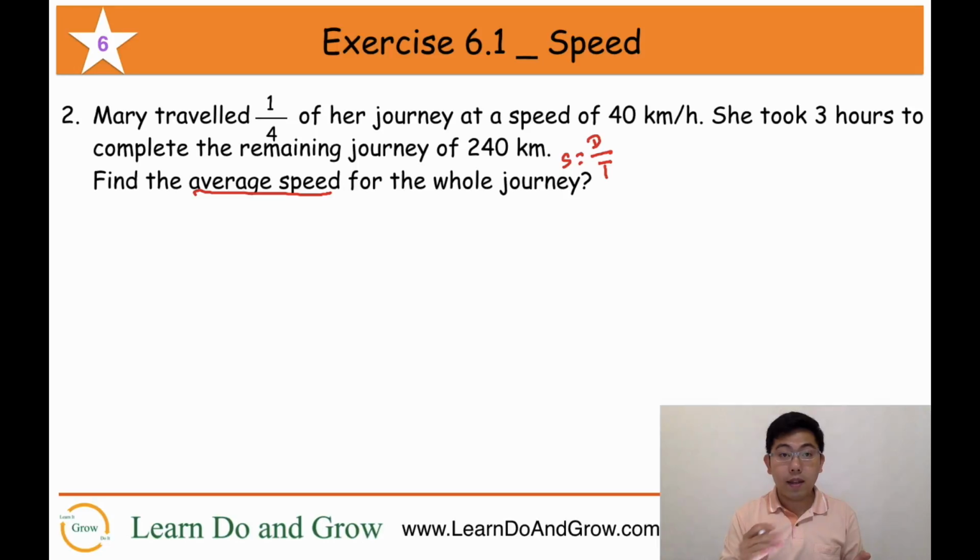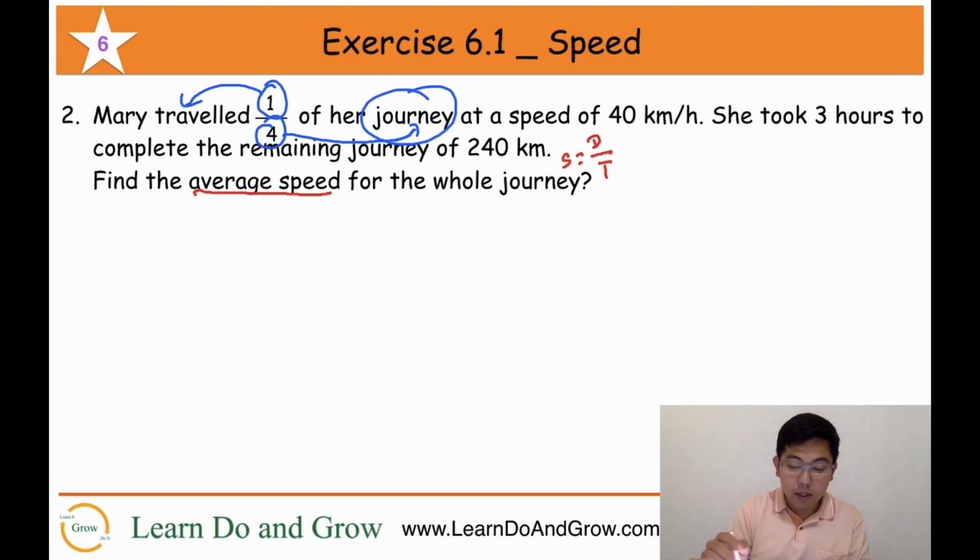But let's look at the information given. Mary traveled 1/4 of her journey. In that case, one unit belongs to what she traveled, and the fourth unit belongs to the whole journey, at a speed of 40 km per hour. For the one unit itself, what is the speed?